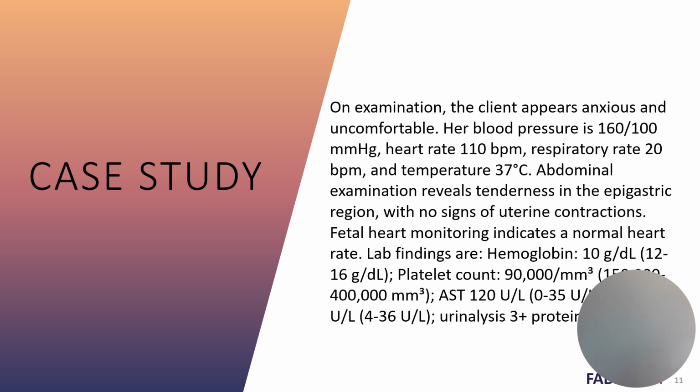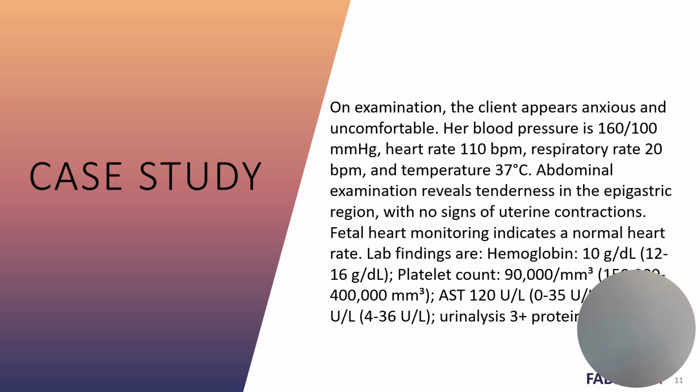Fetal heart monitoring indicates a normal heart rate. Her hemoglobin is 10 grams per deciliter, which is low. Platelet count of 90,000, which is low. An AST of 120, which is elevated. And an ALT, which is also elevated. And then we have a urinalysis of 3 plus protein.